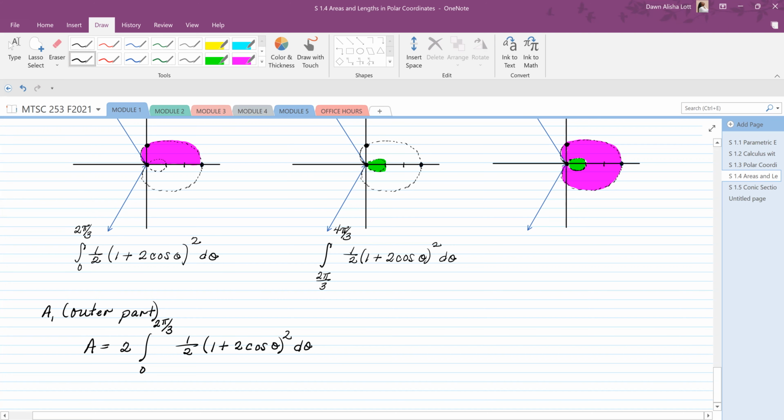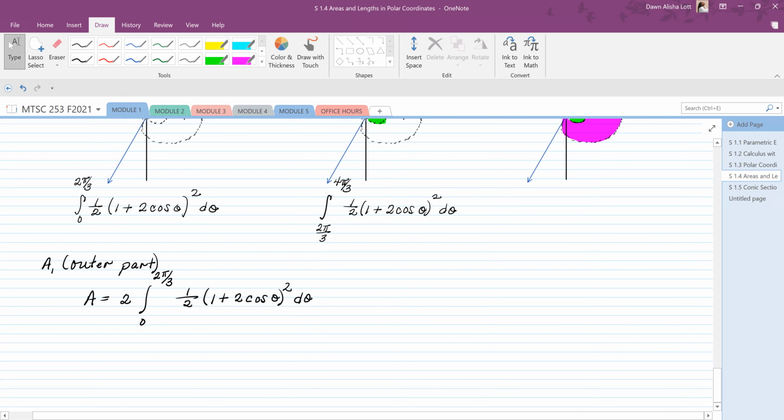And I'm going to integrate this just the same way I integrated the other one. So this becomes the integral between 0 and 2 pi over 3 of 1 plus 4 cosine of theta plus 4 cosine squared of theta d theta. Are you with me, Anaya?